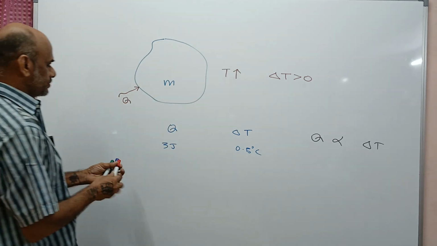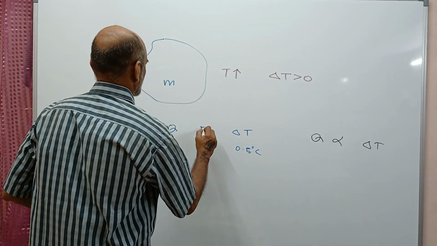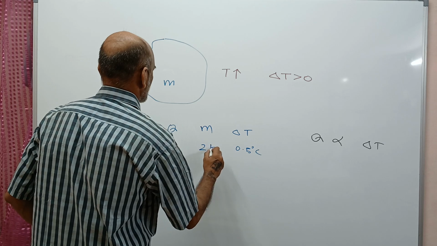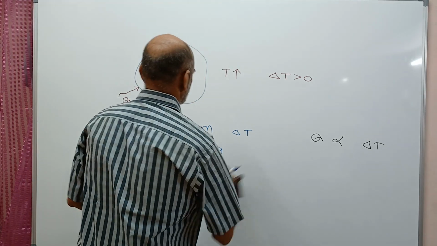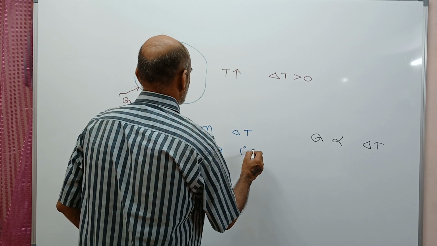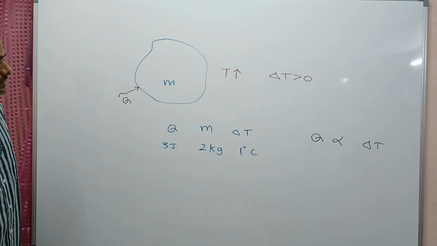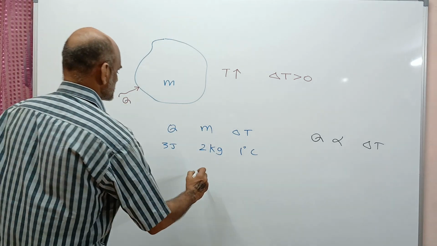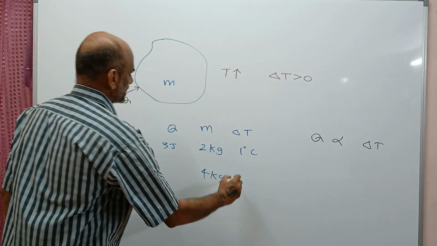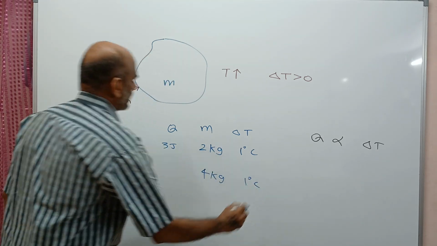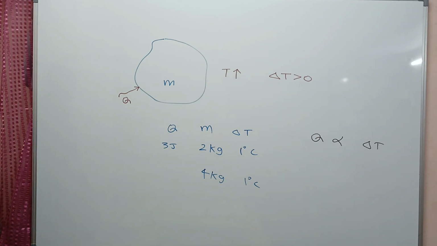Let's say the mass of the object was 2 kg. Now, suppose I double this mass, say 4 kg, and for the same temperature rise of 1 degree Celsius, the amount of heat required will be now 6 joules.